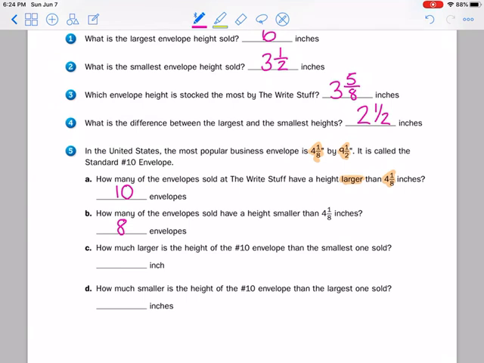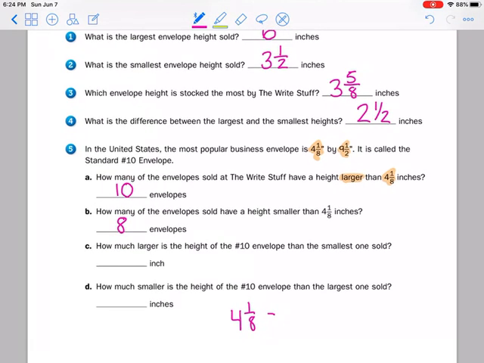How much larger is the height of the number 10 envelope than the smallest one sold? So the height is 4 1/8. And then the smallest envelope that was sold is 3.5.